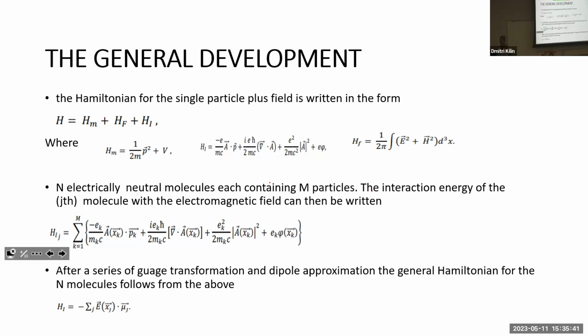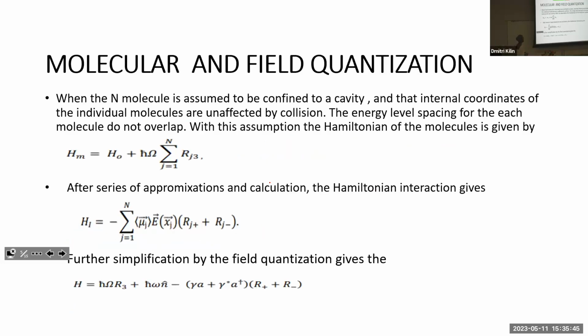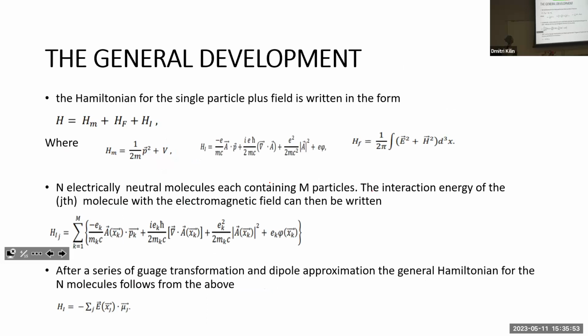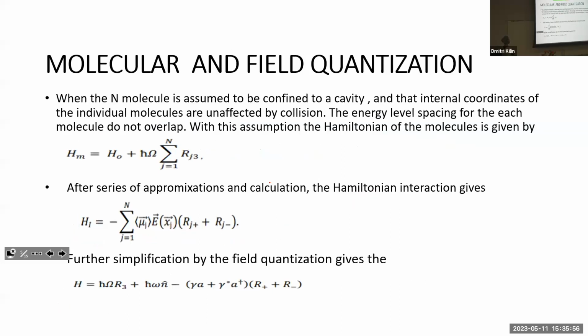So he further simplified this term using the molecular and field quantization. My bad, there were really a lot of calculations involved in how he was able to simplify from the previous equation to what we have here, which was not mentioned here.